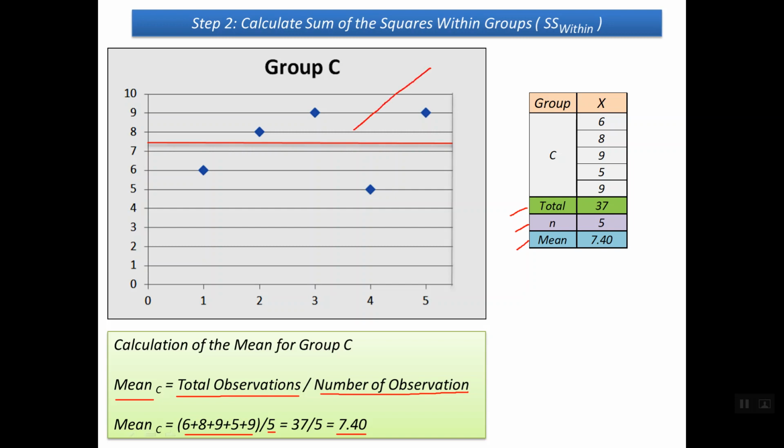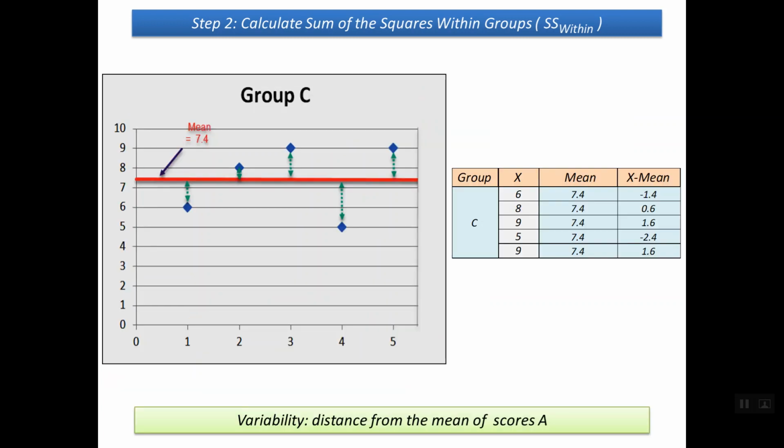So this red horizontal line here represents the mean of group C. So the sum of square for group C, or within group C, represents how far the observations are from this line. So first we need to calculate the distance between each point and its mean.